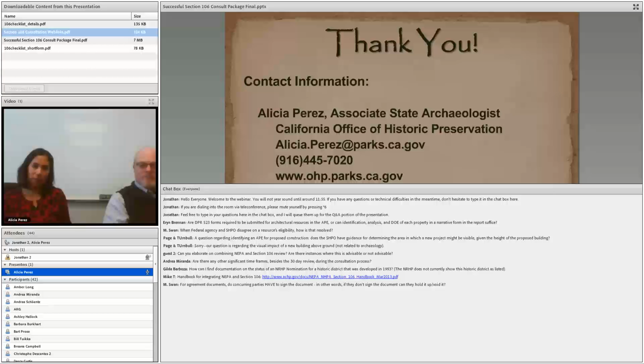And then there's a question for agreement documents. Do concurring parties have to sign the document? In other words, if they don't sign the document, can they hold it up or void it? No. Concurring parties don't have to sign the document. In fact, when those who do agree to sign the document, their responsibility is only in, I believe, amending the document.